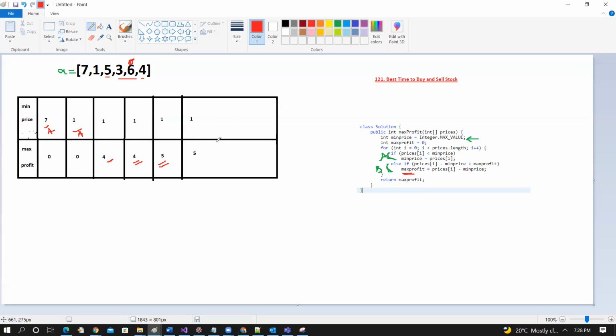The next time, 4 minus 1 is 3, which is lesser than 5, so it remains the same. So the result gives us the output: your max profit is 5.